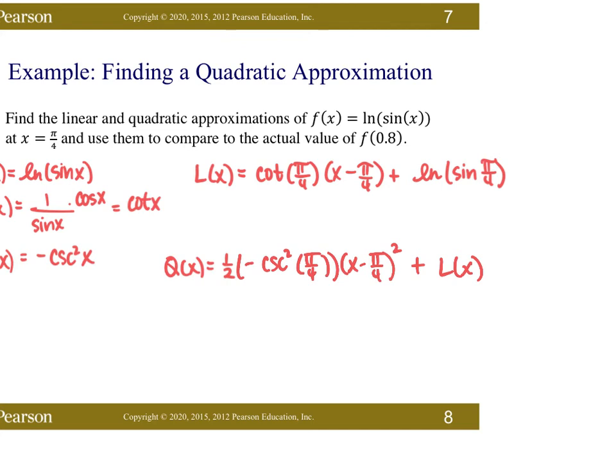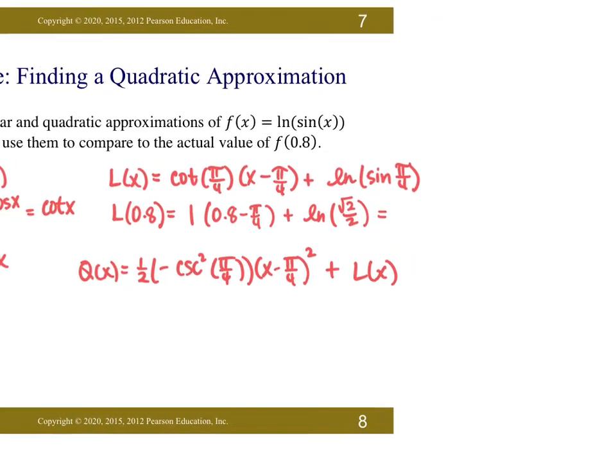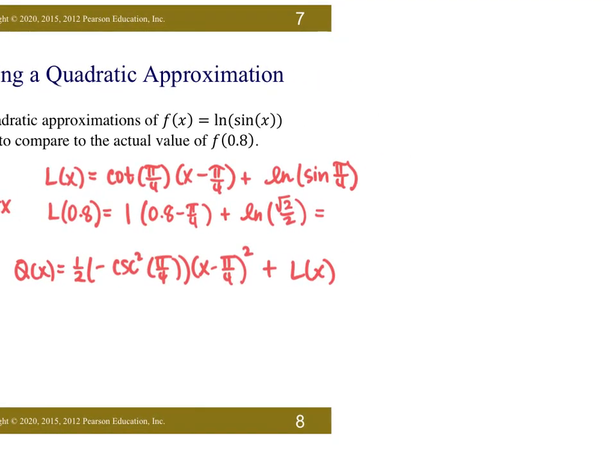Okay, so then let's plug 0.8 into both of these to get an estimation. So the cotangent of pi/4 is 1 times 0.8 minus pi/4, plus the natural log of the sine of pi/4, so the natural log of rad 2 over 2. And so the decimal value of that, let's check that out, turns out to be negative 0.33197.